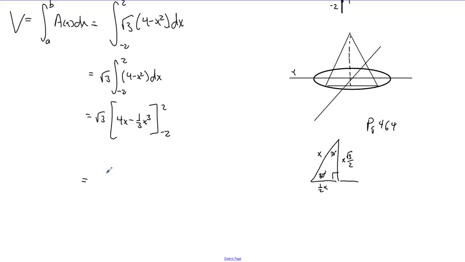You can press pause and calculate it yourself. But once you evaluate that, it comes out to be 32 square root of 3 over 3 units cubed. And that's it. Okay, we are done.